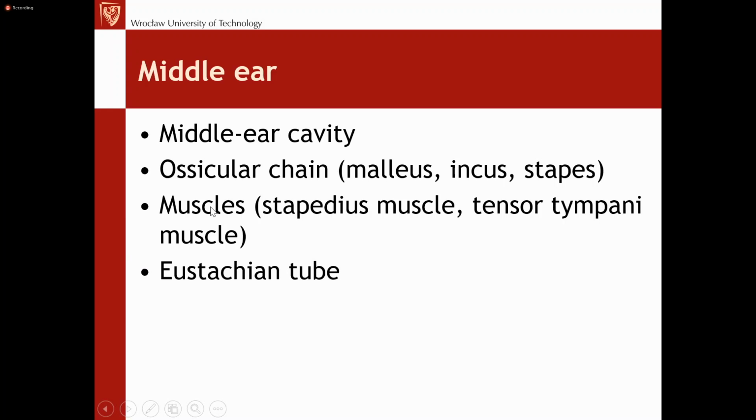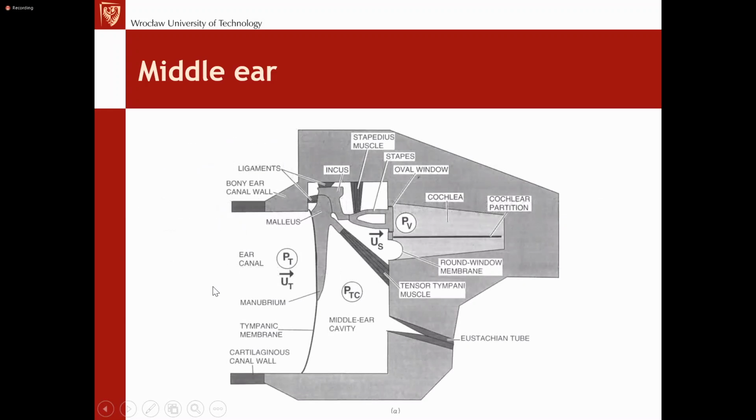Let me tell you something about these elements. In this picture, you can see the cross section, or a schematic view, of the middle ear. So, as I said, the sound waves cause vibration of the tympanic membrane, or eardrum, and the base of the malleus is connected to the eardrum, and together with the tympanic membrane it starts to vibrate.